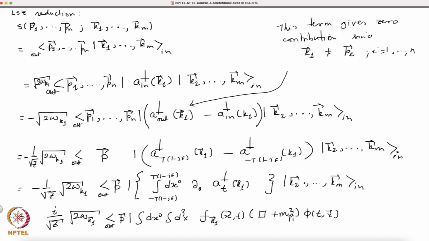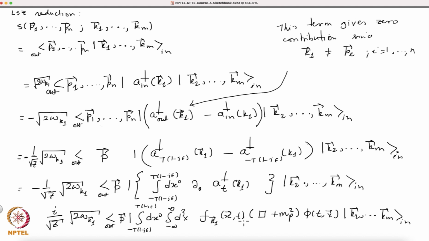Okay, this is what you will find in your notes, where these limits go from minus infinity to plus infinity, but this one goes from minus t1 minus i epsilon to t1 minus i epsilon. Okay, so make sure that you are able to get this expression.